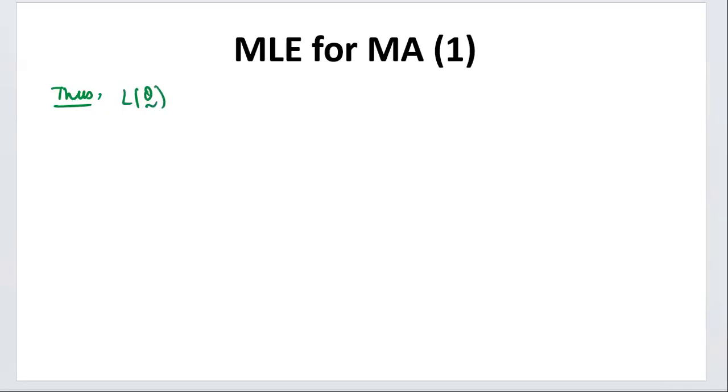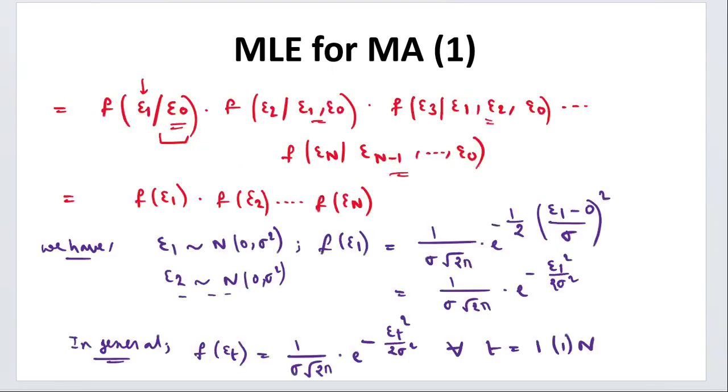Likelihood function: theta curl is the vector of parameters that I have introduced in the first slide. So that is simply f of epsilon 1, f of epsilon 2, up to f of epsilon n. You can write these expressions individually, which we have derived here and here.